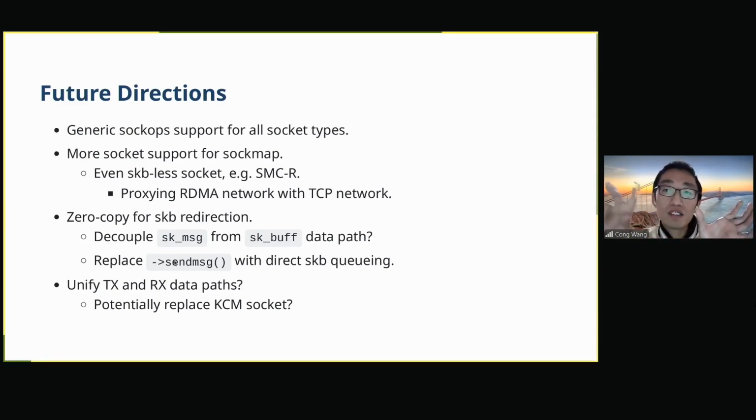And because we use the send message, it needs to be translated. It needs to copy the data from the SK buff to the socket message header as a parameter to the send message. So there is a copy there.